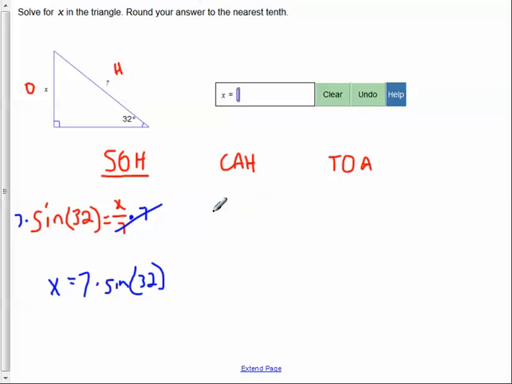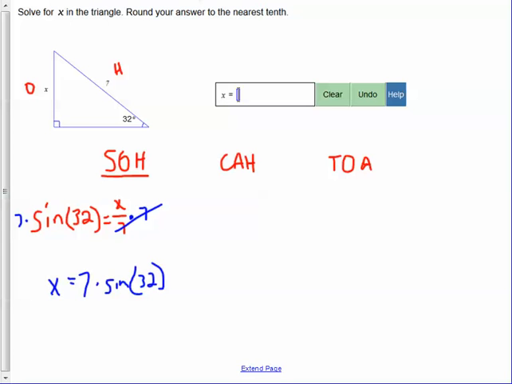On your calculator, there are sine, cosine, and tangent buttons that you can press. You're going to enter this in exactly as it looks on the screen: 7 times the sine of 32, and 32 goes in the parentheses because that's the angle measurement.